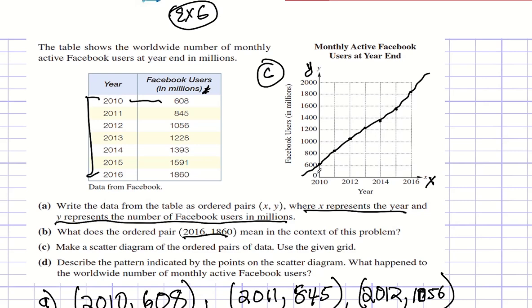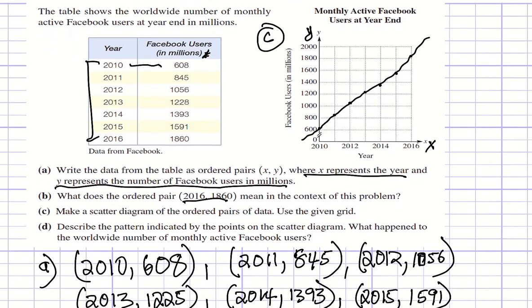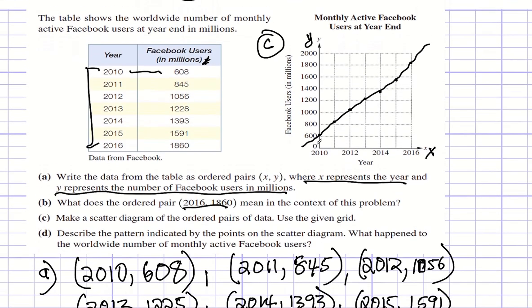The number of users is increasing every year, like they jump. Okay, so that's what is going on. Every time it jumps, you see, it's linear there, man.